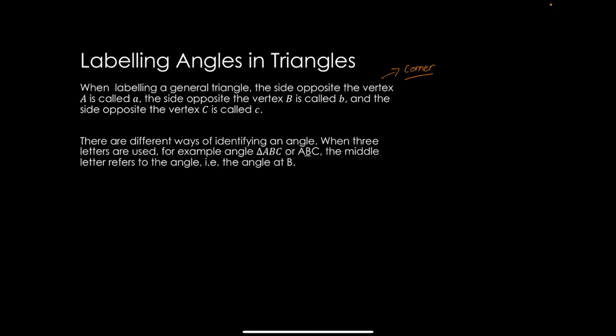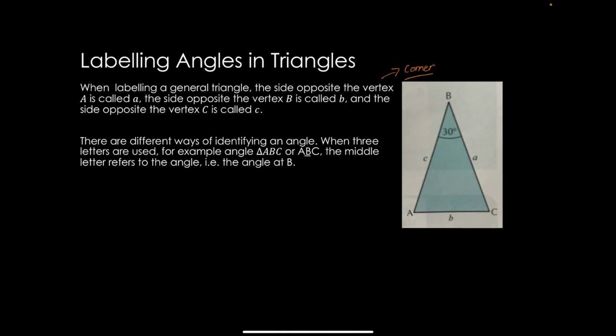So here's an example. Here you've got the vertex A, the corner, and the opposite side is a. The vertex B, opposite side is b. The vertex C, opposite side is c.